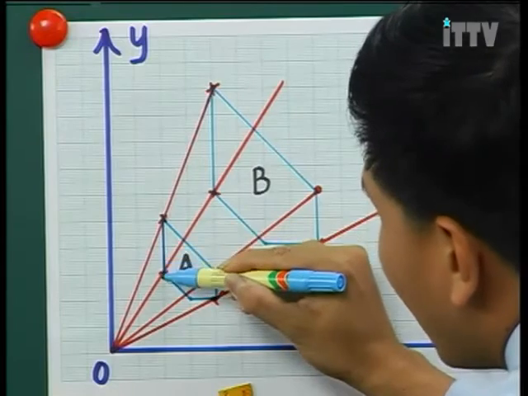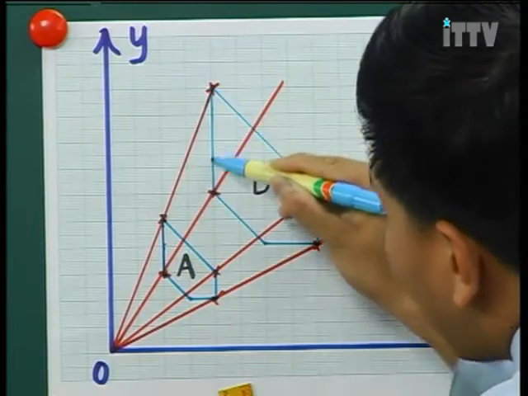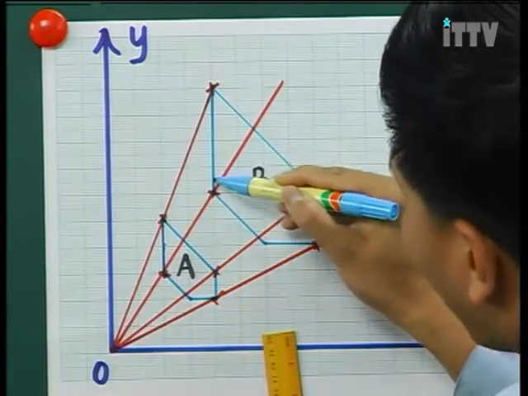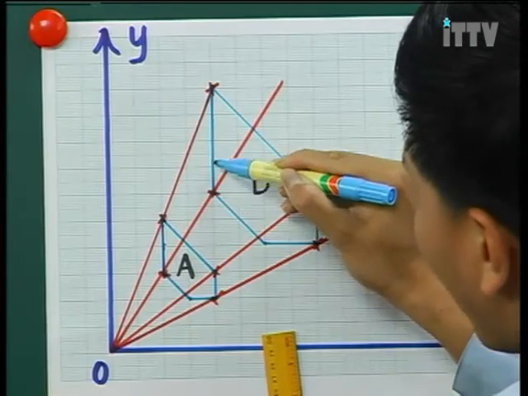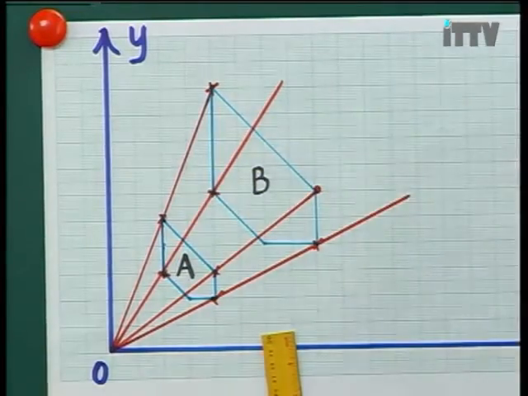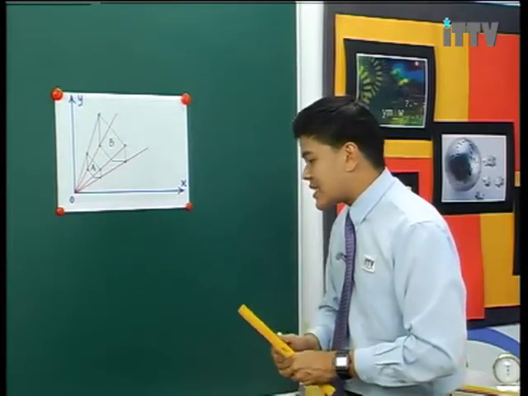This height: 1, 2. I'm going to compare it with its corresponding height right here. This is the line again, I just draw it more bold. How many units? 1, 2, 3, 4. So from 2 to become 4, how many times? It is double. So the scale factor is 2.